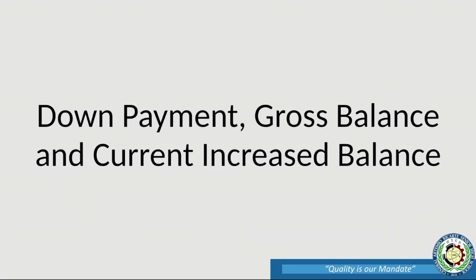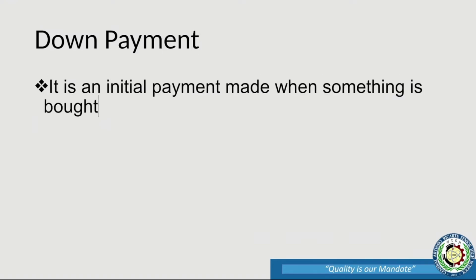So in this second part, we will discuss down payments, gross balance, and current increased balance. Down payment is the initial payment made when something is bought on credit.